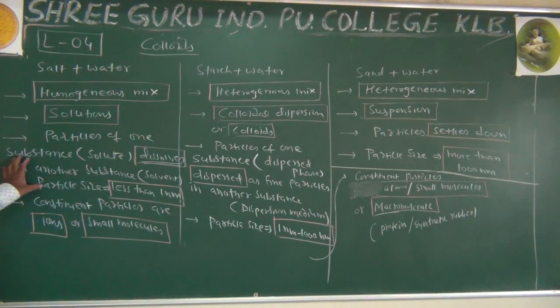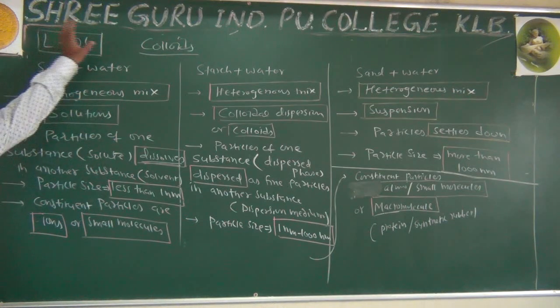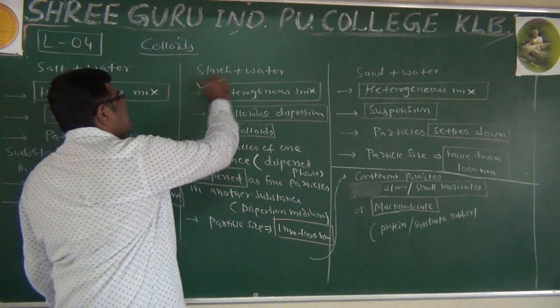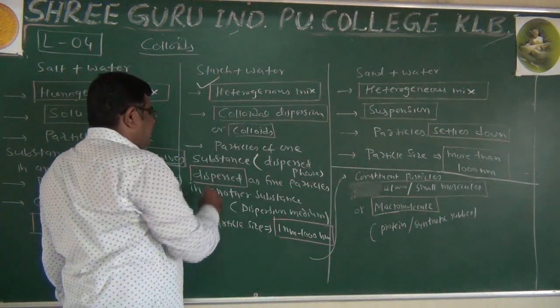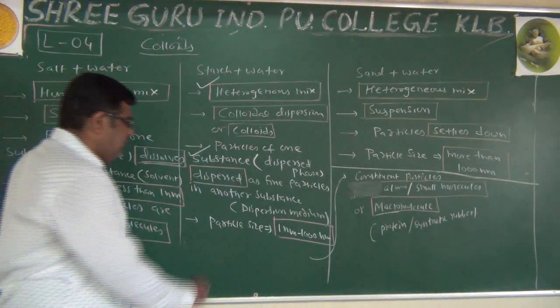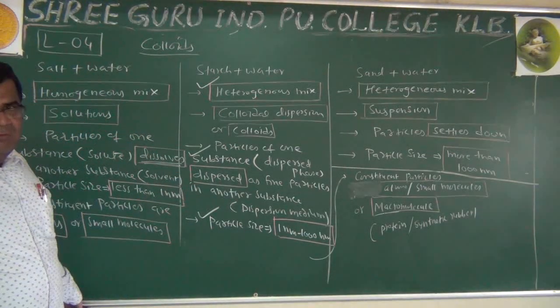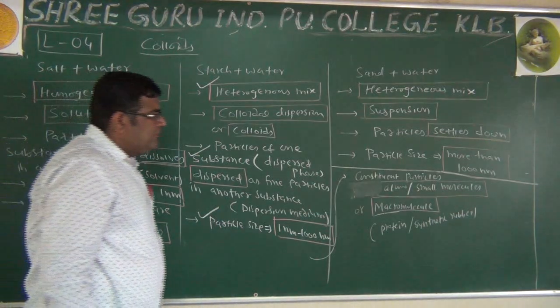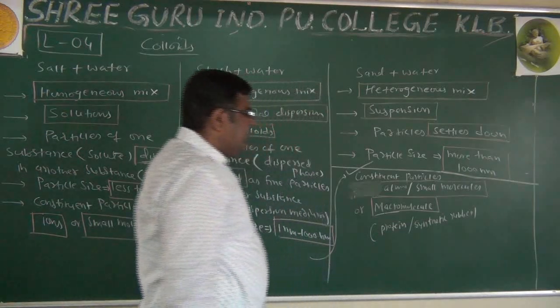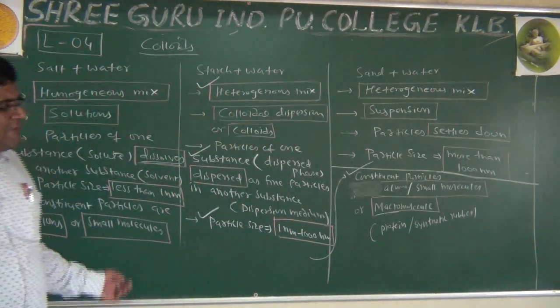So this is the introductory part of colloids. Core properties we come across: heterogeneous mixture, particles of one substance disperse in another, particle size is 1 nanometer to 1000 nanometer, and constituent particles are atoms or small molecules, or they can be macromolecules.